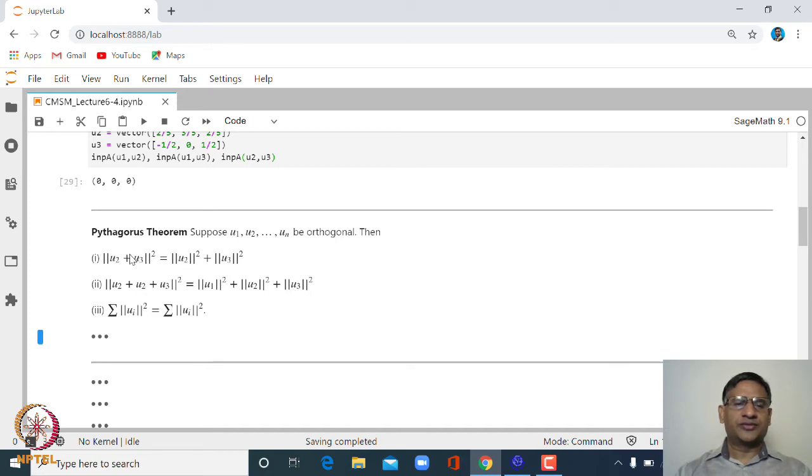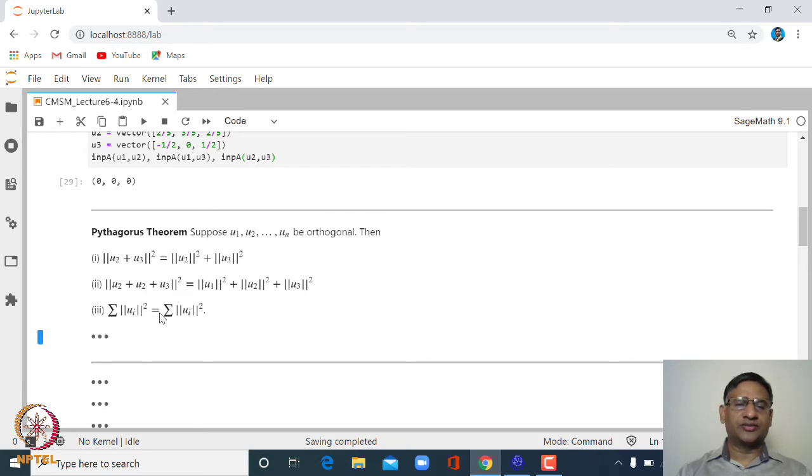If u1, u2 are orthogonal, u1, u2 form a right angle triangle. So this says that hypotenuse square is equal to base square plus height square, and you can extend this to three vectors: norm of u1 plus u2 plus u3 square is equal to u1 norm square plus u2 norm square plus u3 norm square, and you can extend this to any set of finite vectors.